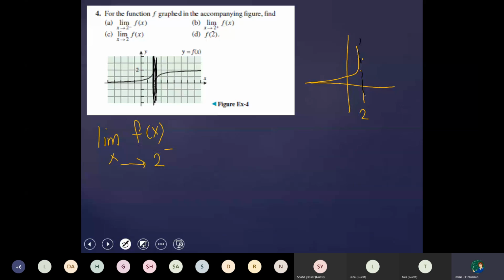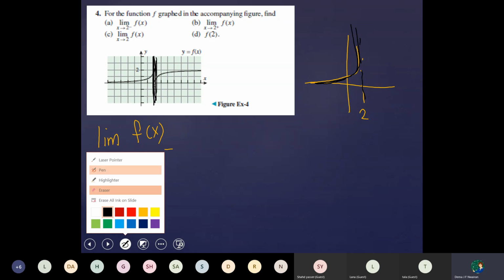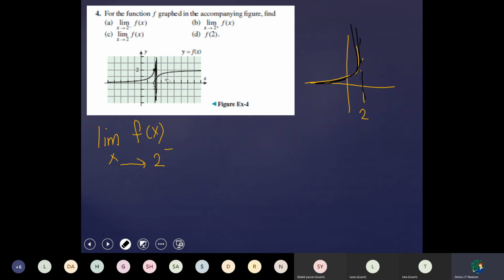Here, it does not touch it. It's going to be like an asymptote. So I will say to the positive y. But here, it touches the line at point positive 2, as you see here.